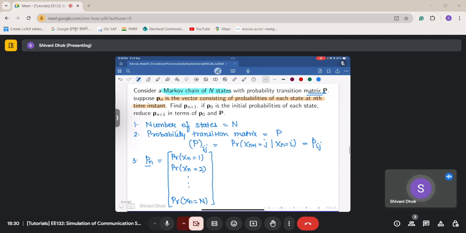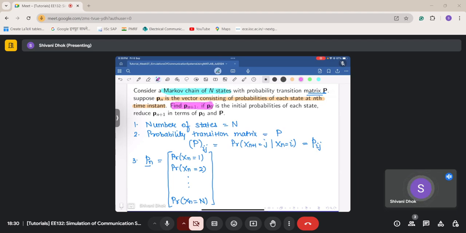So this is the probability of each state at the nth time instant. Now what is asked is to find Pn plus 1. This is the first part that we need to do.